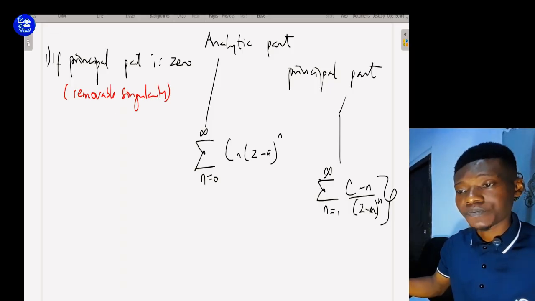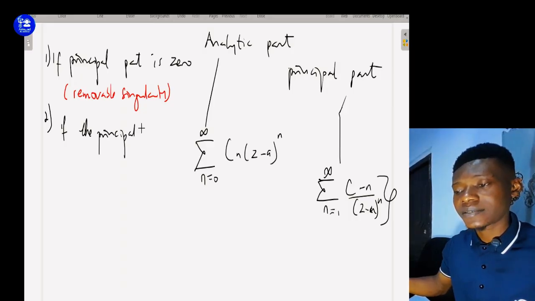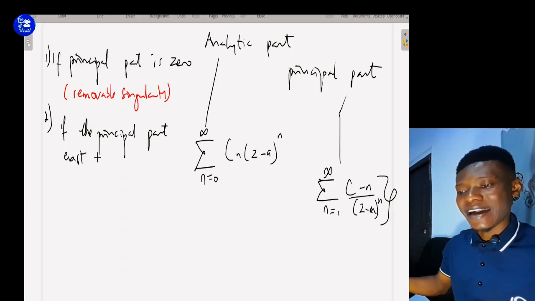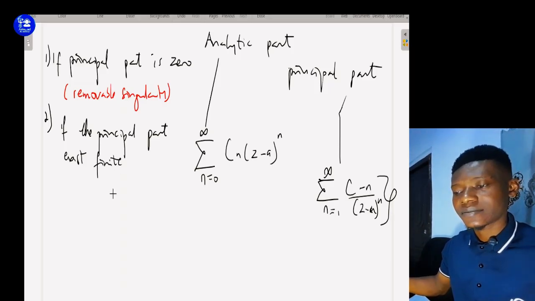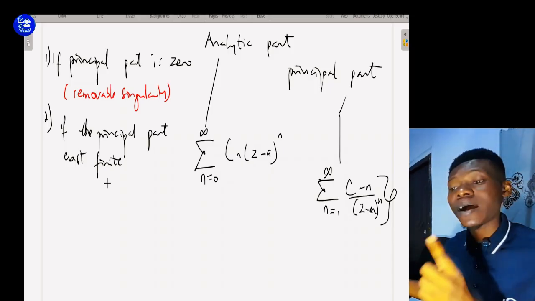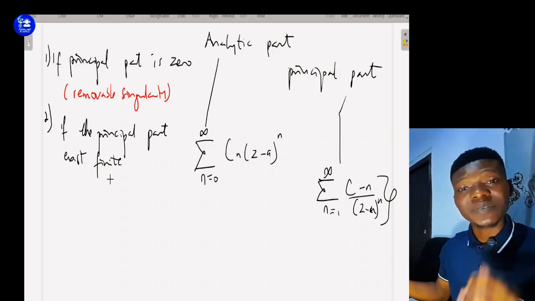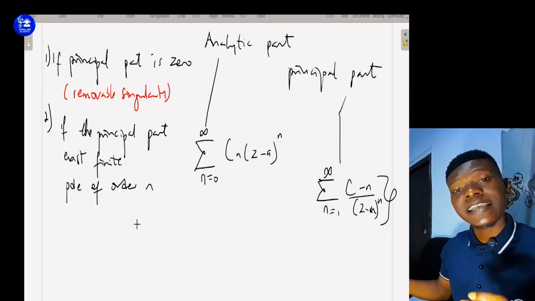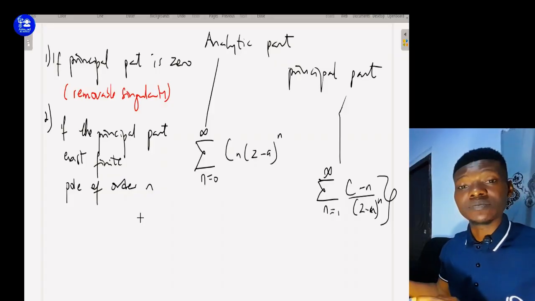Number 2, if the principal part exists, that is, if the principal part is there and it is finite, that is, you can count the number of terms of the principal part, then you call it a pole of order n. That is, n is the highest power of the denominator.